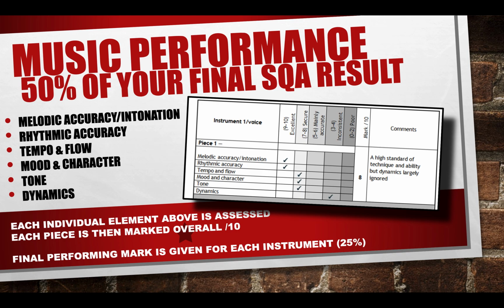Overall, the majority of the ticks are in the 7 to 8, with 2 of them in the 9 to 10. So the average mark that pupil would then receive for that piece is 8 out of 10. And the comment there from the examiner is a high standard of technique and ability, but the dynamics were largely ignored. So the dynamics were in the 3 to 4 box.